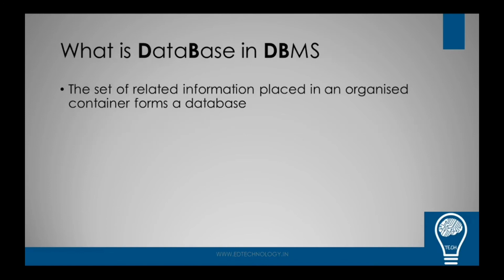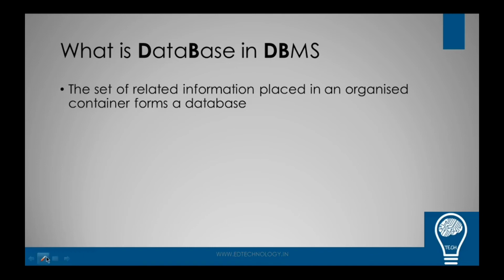Now let's break it up again. As I mentioned earlier, now we understand why we need a database management system, the whole scenario of converting data into information. So let us understand the first part, which is the database in DBMS: a set of related information placed in an organized container forms the database. Let me break it up for you.